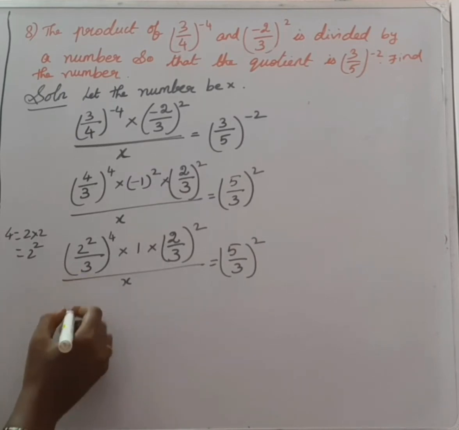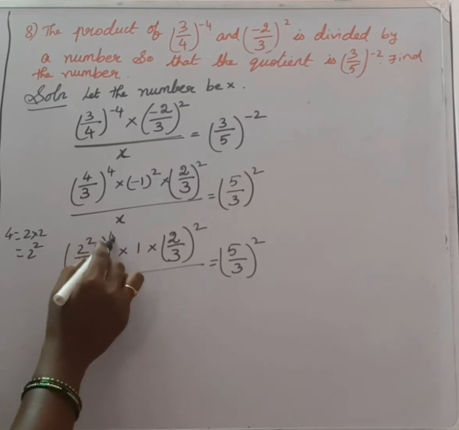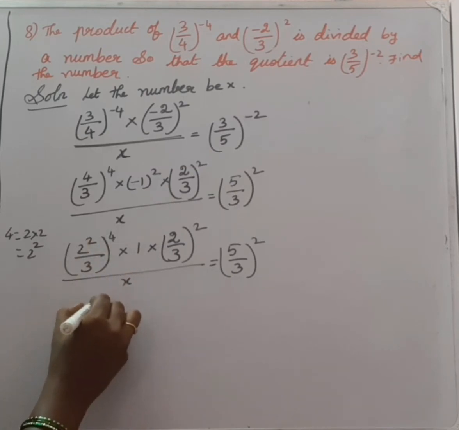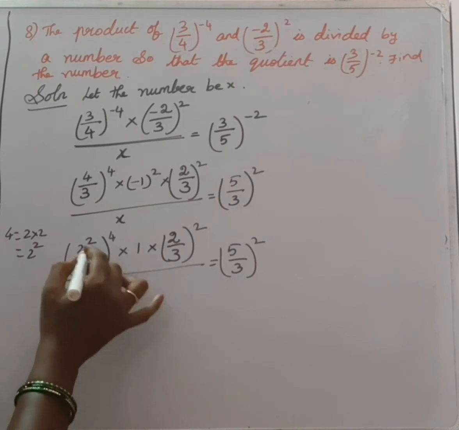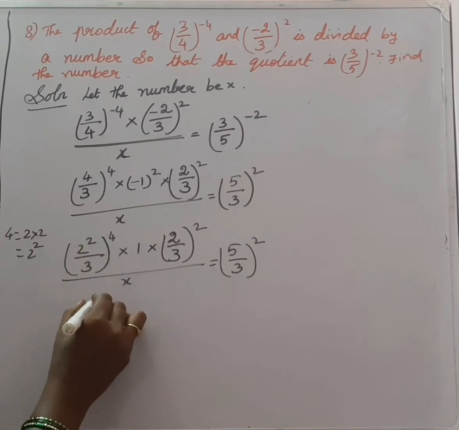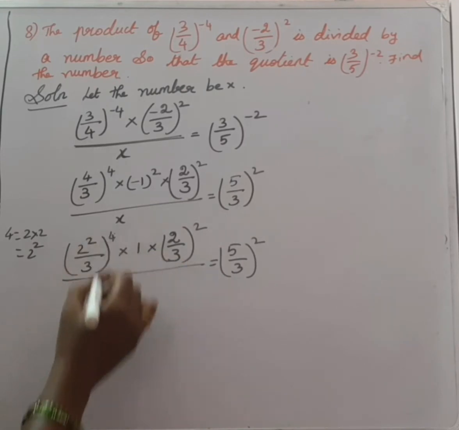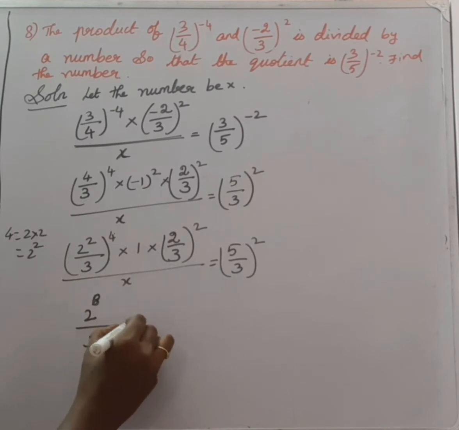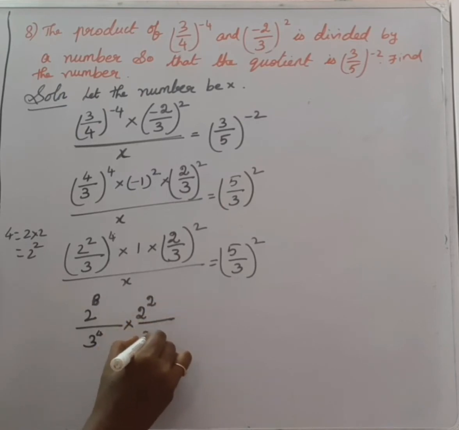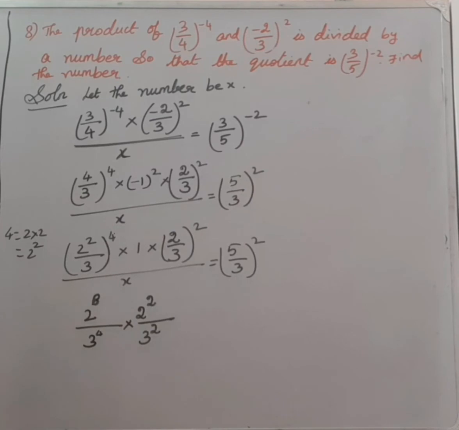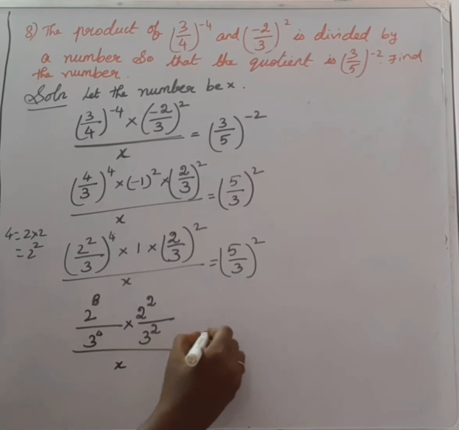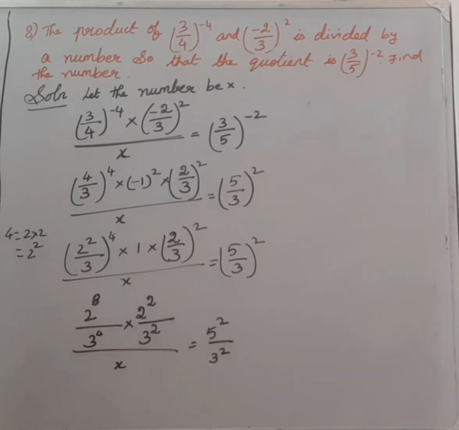Now 2 power 2 fours are 2 power 8, and 3 power 4. Then 1 into 2 power 2 divided by 3 power 2. Now we are splitting the powers, that's all. So divided by x is equal to 5 power 2 divided by 3 power 2.